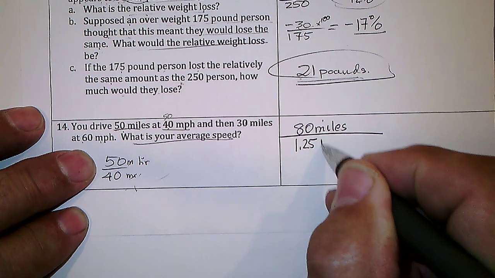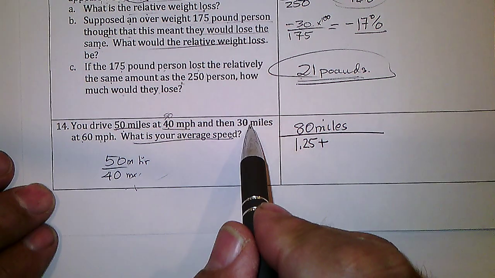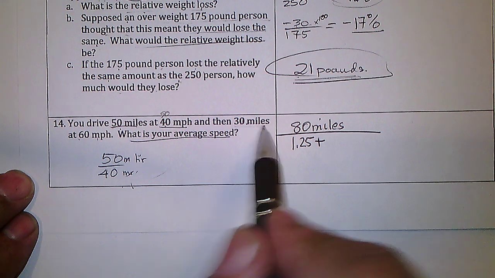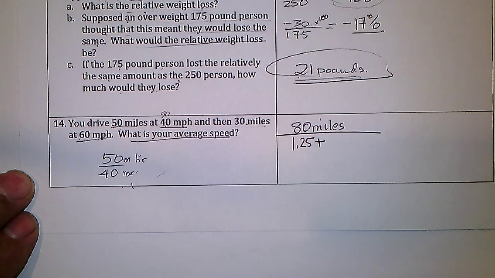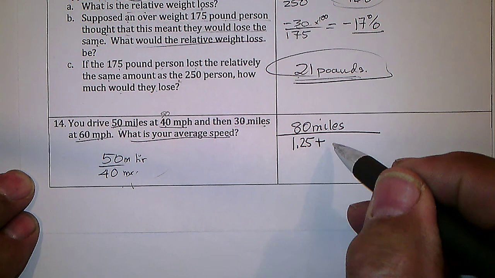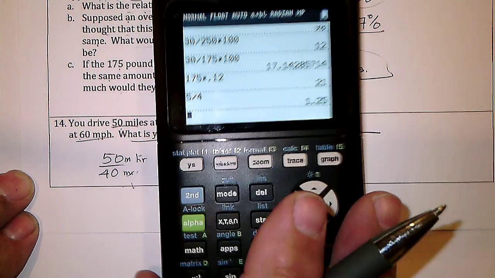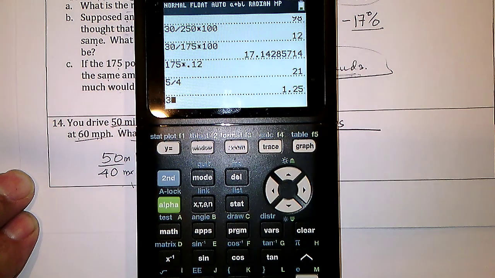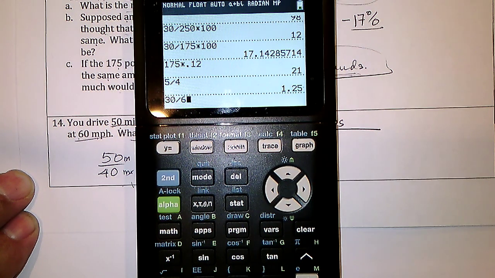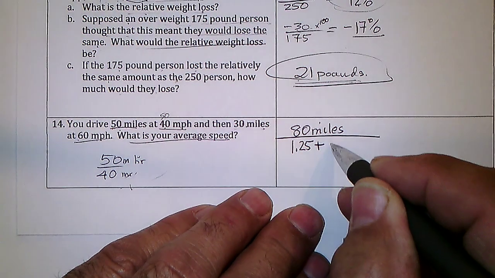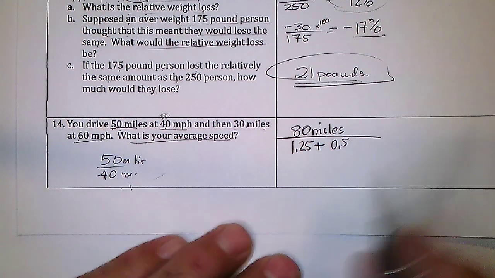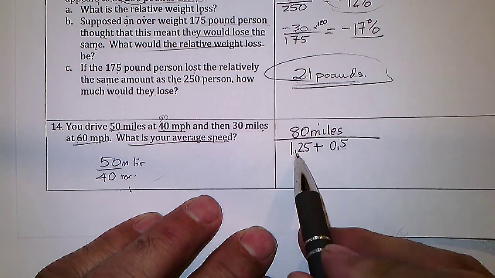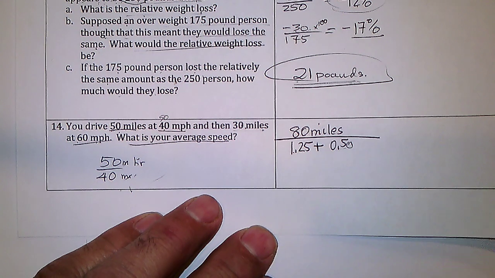1.25 hours plus how long did it take you to go the last part? 30 miles at 60 miles per hour. That's going to take you half an hour, or you can do 30 miles divided by 60 miles an hour is 0.5 hours. So it's going to take you 1.75 hours to go the 80 miles.